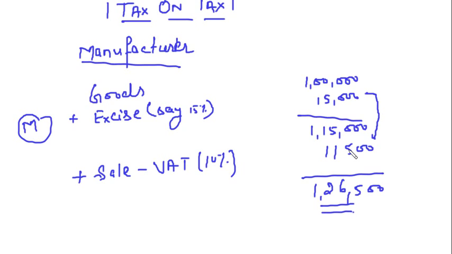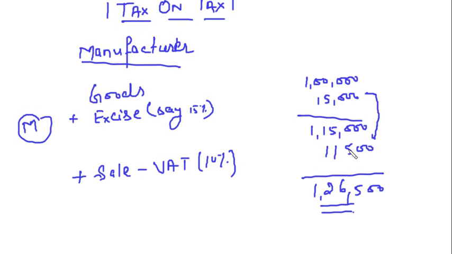You produced goods worth rupees 1 lakh, on that you first pay excise of 15%, 15,000 as tax to the government, and then you pay the VAT at the time of sale, and VAT is paid on goods plus the excise duty. That means the government was charging tax on tax. So you paid tax first, excise duty, then again you are paying tax on the excise duty also.